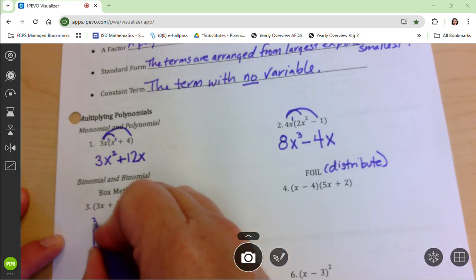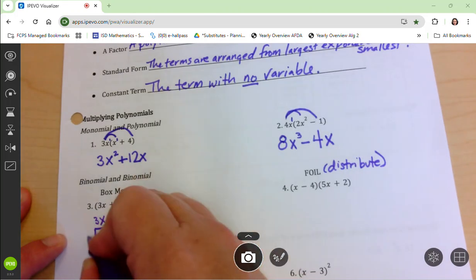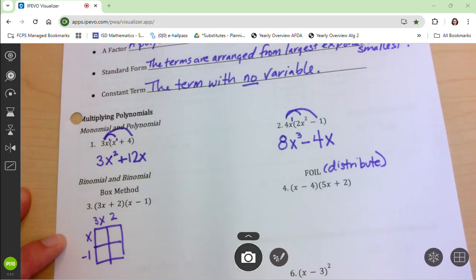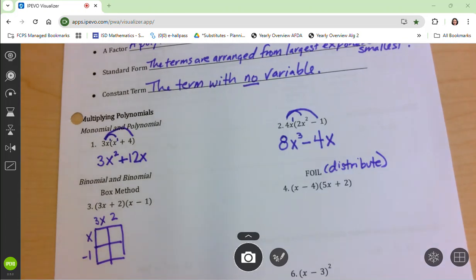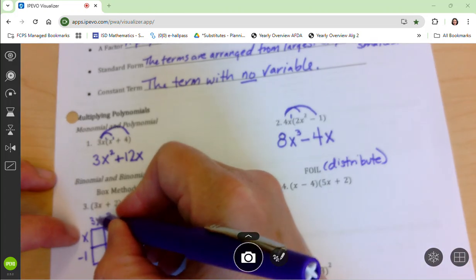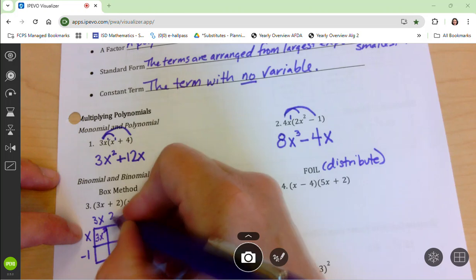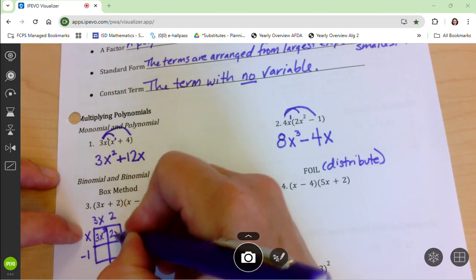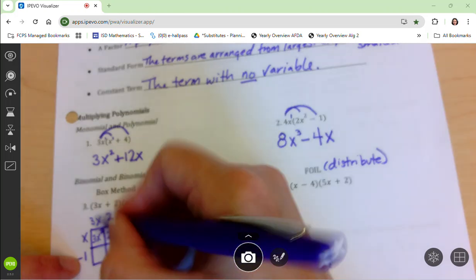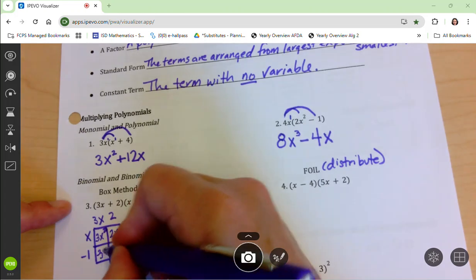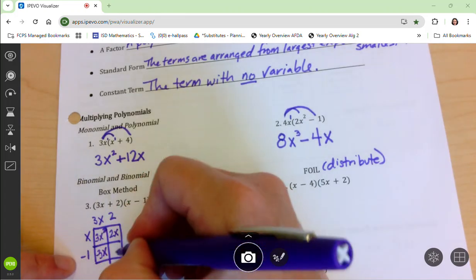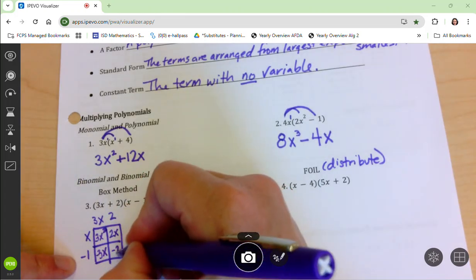I put the 3x and the 2 on one side, and then the x and the minus 1 on the other side. And then I multiply the 3x times the x to get 3x squared, the 2 times the x to get 2x, negative 1 times 3x to get negative 3x, and then negative 1 times 2 to get negative 2.